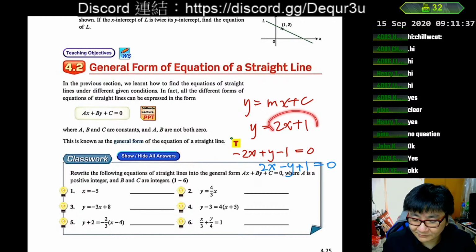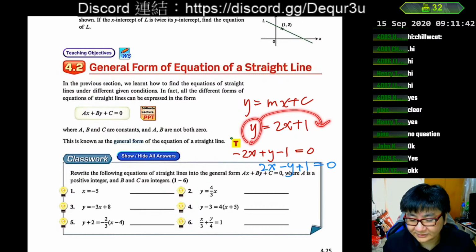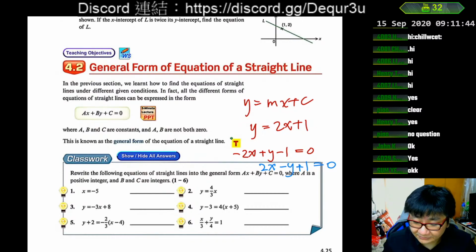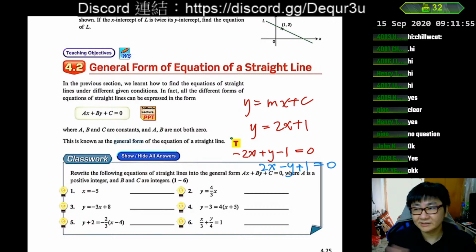The red one comes from moving to the left-hand side, while the blue one comes from moving y to the other side. You can see the numbers are exactly the opposite sign, but the equation is the same, because it's just like you change the sign on both sides. So this is the general form.